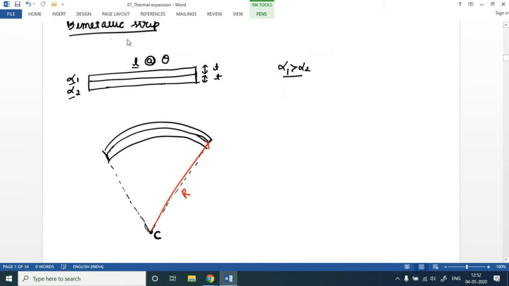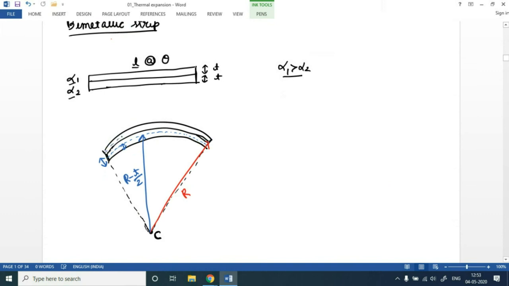One thing you realize, this would be the mean length after the expansion. First of all, the distance of this line from the center is going to be R minus t by 2, because this length is t, so half of it would be t by 2, and from here to here the total is R, so that is R minus t by 2.